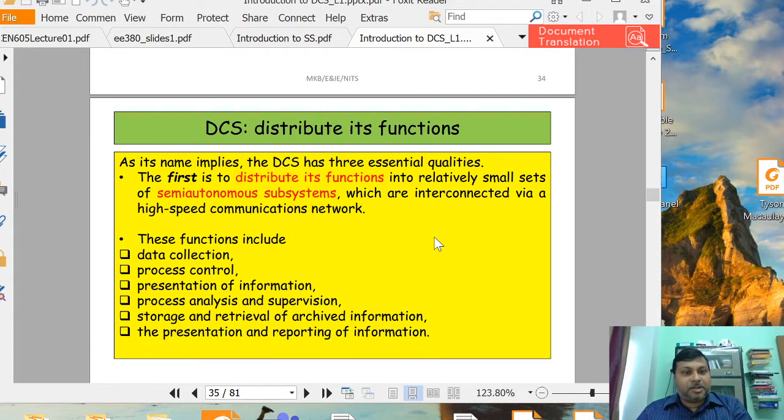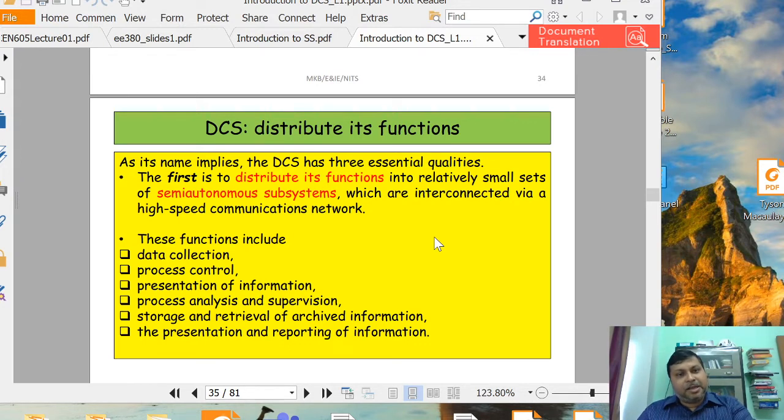So what are the functions? Data collection, process control, presentation of information, process analysis and supervision, storage and retrieval of archived information, and the presentation and reporting of information. These are the main functions of a distributed control system, which are distributed across semi-autonomous subsystems. So what will happen if this modular concept is introduced?